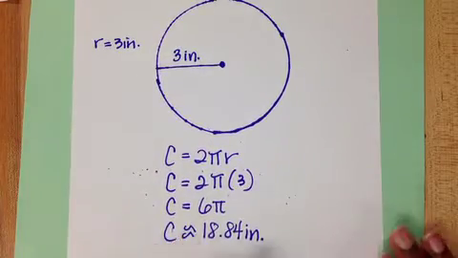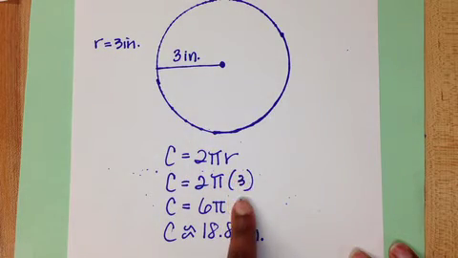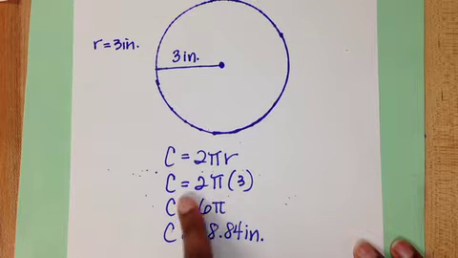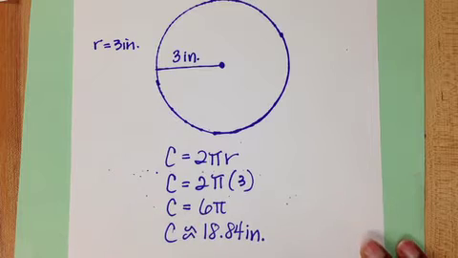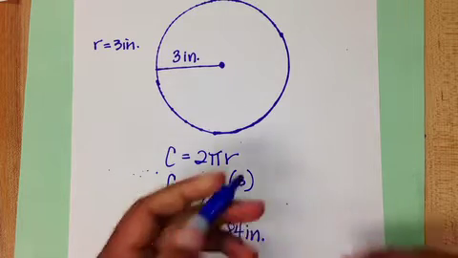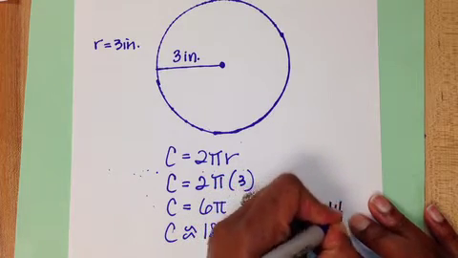Given the radius is 3 inches, we're going to plug that into our formula, where 3 is represented as r, and multiply out. 2 times 3 gives us 6, so our circumference would be 6 pi. That is our exact answer for the circumference of the circle. But if we were asked to approximate, we would use pi as 3.14.